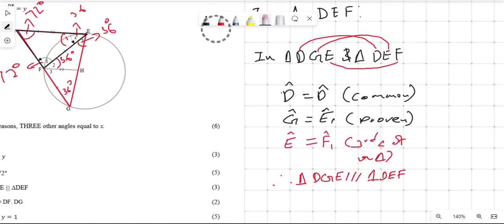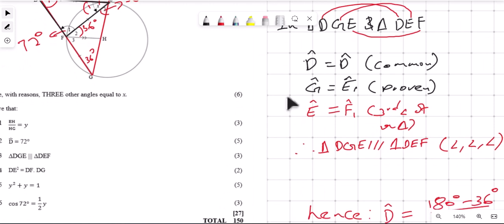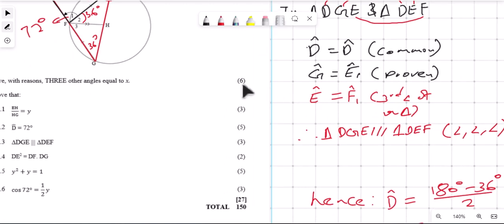Was this difficult? No. Angle, angle, angle. Okay, now that we have proven something that was very obvious to us, we move to the next question.